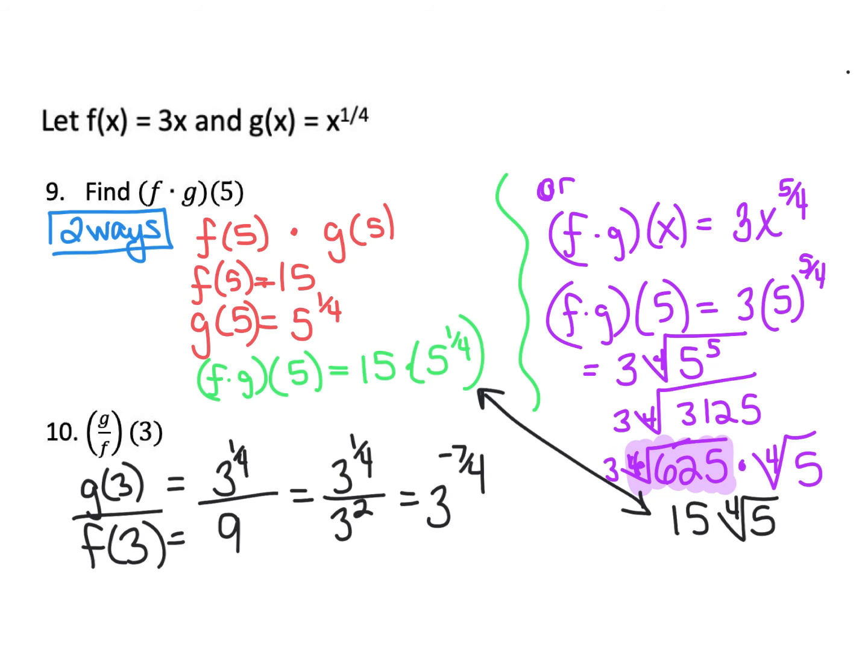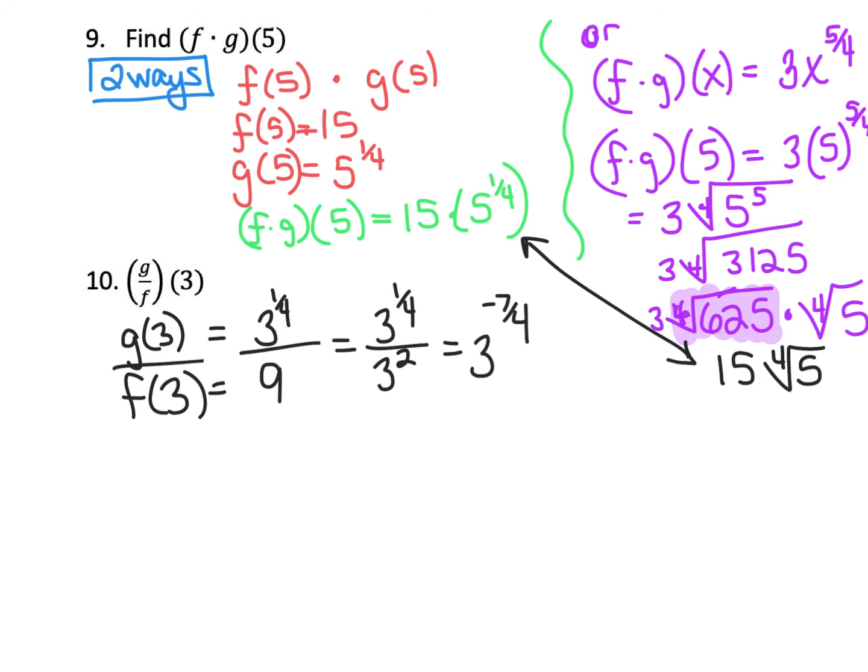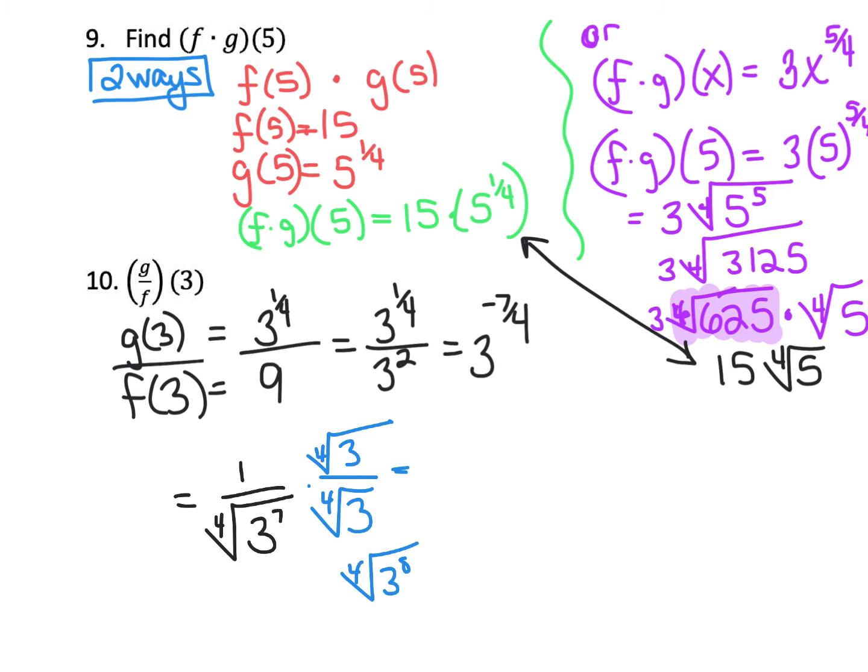And I look at what I have here, and I have a negative exponent, so that's equivalent to 1 over 3 to the 7/4, or the 4th root of 3 to the 7th. And I think, well, gosh, I can't have a radical in the denominator of a fraction. It's not rationalized. So if I rationalize the denominator by multiplying by the 4th root of, not 4, but 3, top and bottom, that would give me on the bottom the 4th root of 3 to the 8th, which would be 3 squared, or 9.